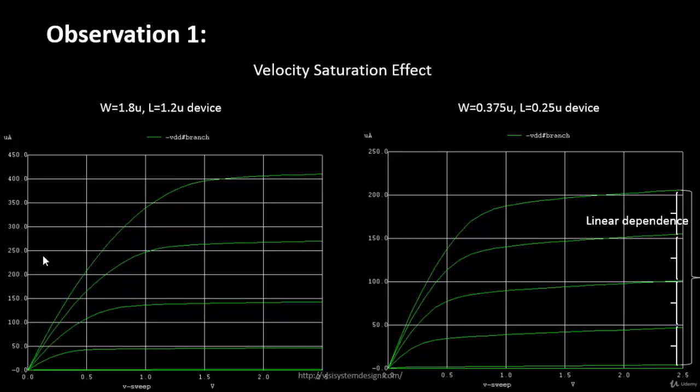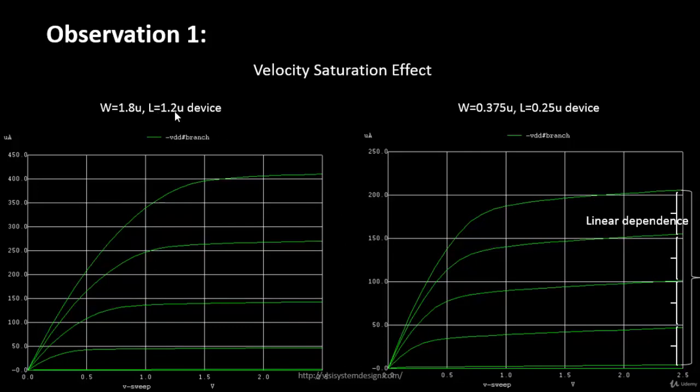Now we'll plot ID versus VGS at different values of VDS. To keep things simple, we'll take one value of VDS, which is 2.5 volts. We'll keep the drain to source voltage constant, vary the gate voltage and measure the drain current. That's what we are going to do.